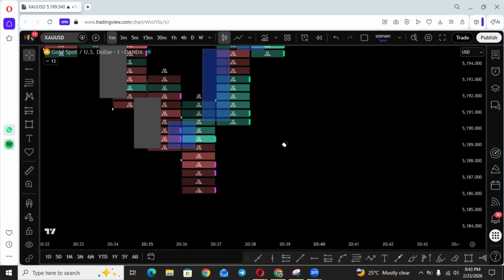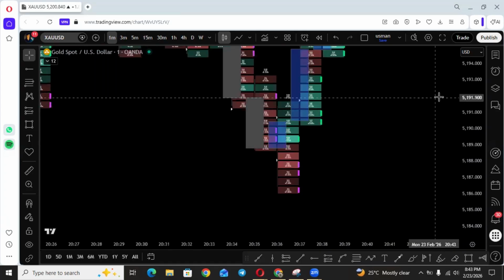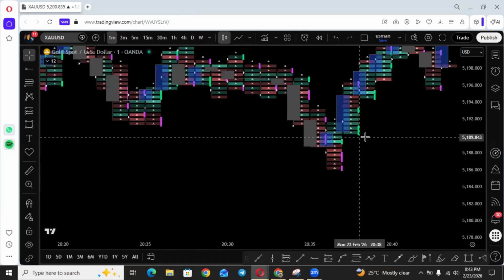Or if you want to see the difference between a real breakout and a fake breakout, you will understand it by imbalance. So imbalance is the only thing we need to take into consideration when using footprint.